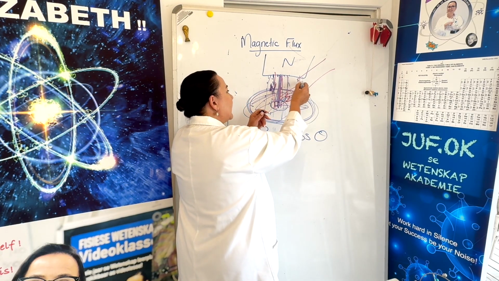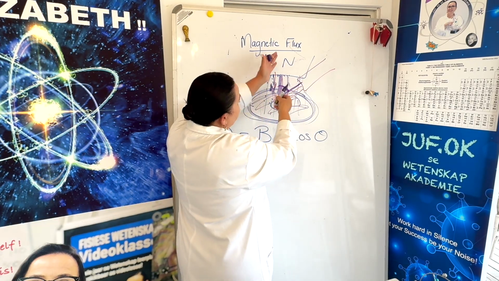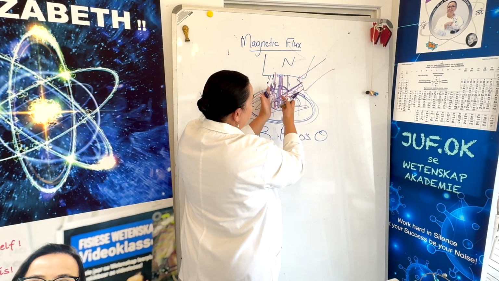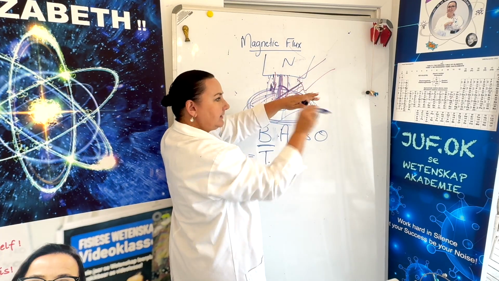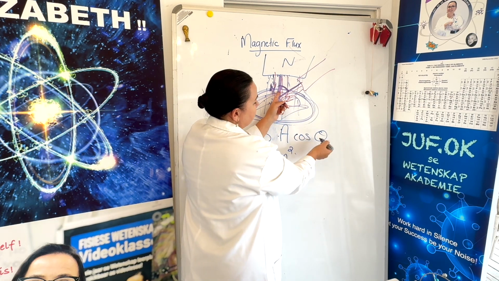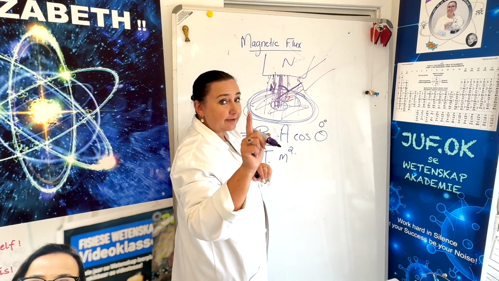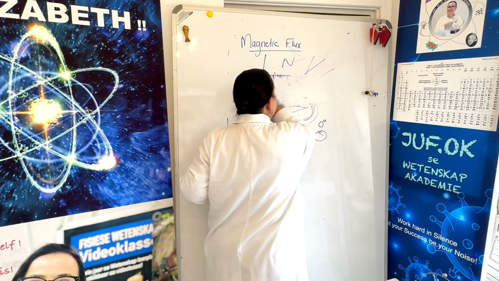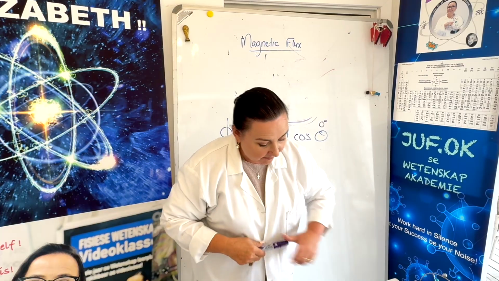I'm going to measure the angle towards the normal. Now, if my field lines hit the area at 90 degrees, perpendicular, full on, then it's going to be cos 0 degrees. And what is cos 0 degrees? 1.